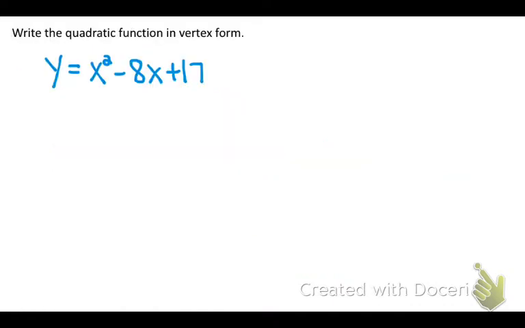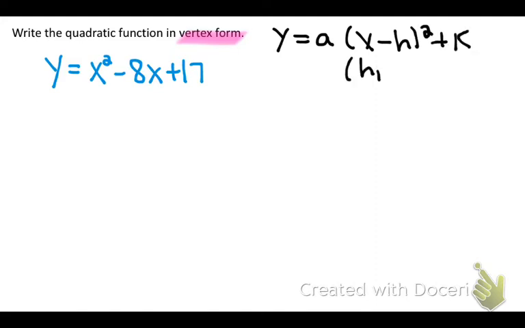All right, our final example. So vertex form, recall, is y equals a times the quantity x minus h squared plus k, where h, k is actually equal to the vertex. All right, with that information, we're going to go ahead and begin solving.